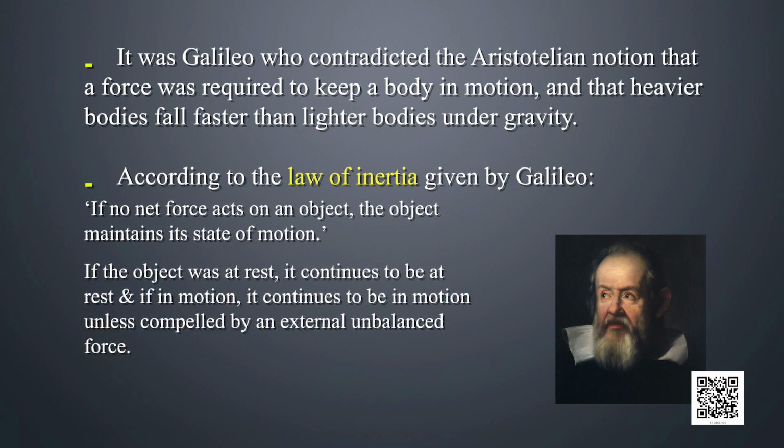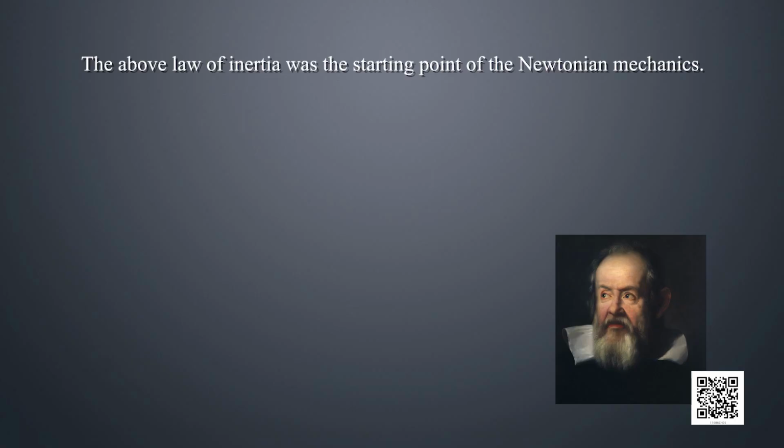That is, if it is at rest, it will continue to be at rest. If it is in motion, it will continue to be in uniform motion unless it is compelled by an external unbalanced force. The terms external and unbalanced are very important here, and we will be talking about these words in detail. The above law of inertia was the starting point of Newtonian mechanics.